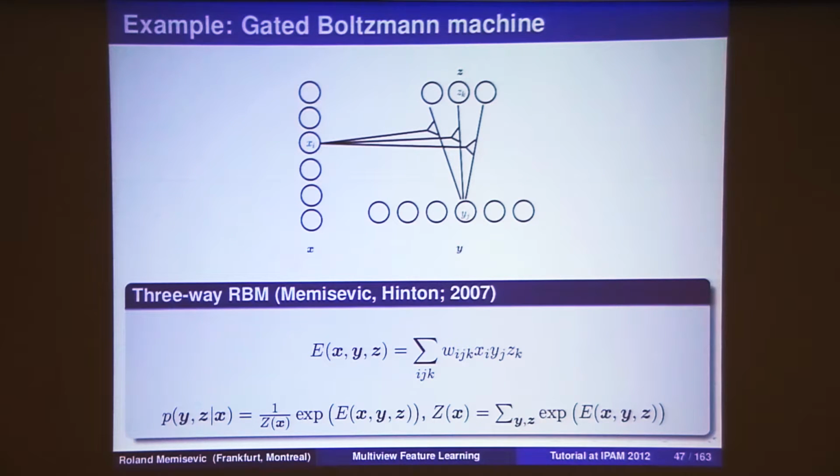You plug that into an exp as usual and normalize. If you do the normalization over y and z, ignoring the x, and go through the math, you see that you just have a conditional model of these sets of units given the input.